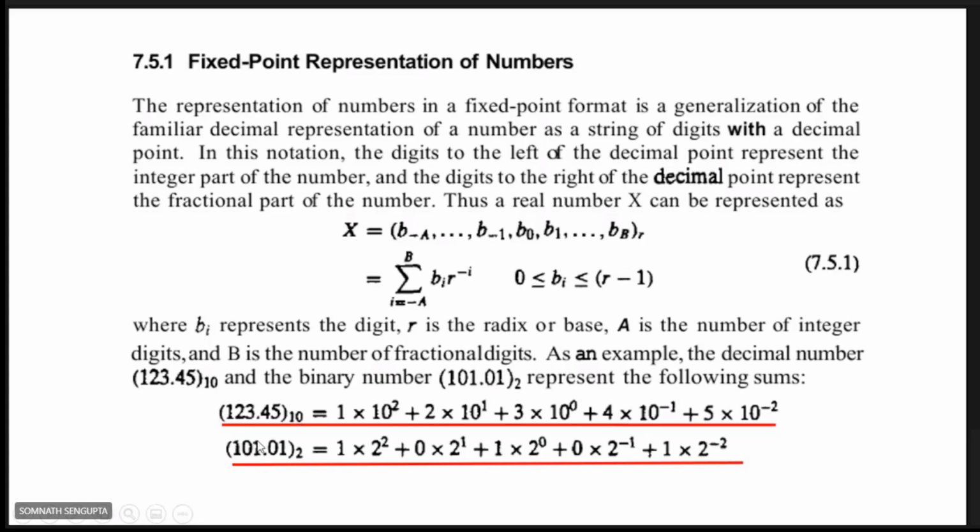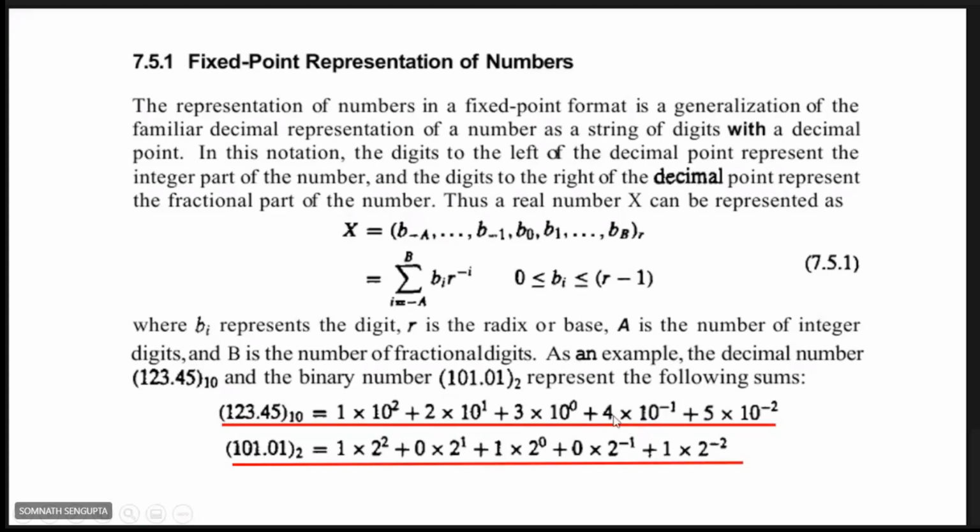In binary, one example is 101.01. Okay. So what does this mean? 123.45 is actually 1 into 10 to the power 2 plus 2 into 10 to the power 1 plus 3 into 10 to the power 0.